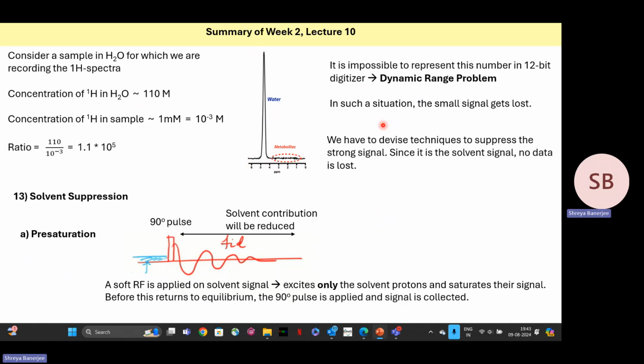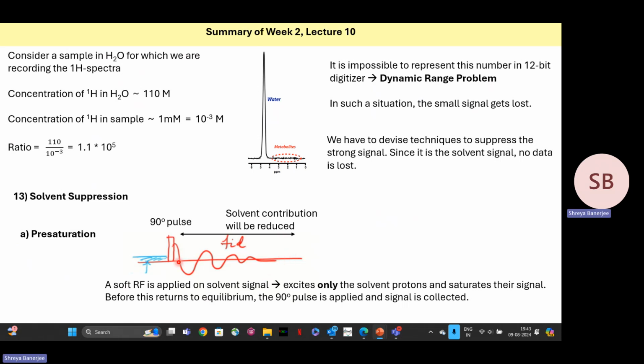This kind of problem is called a dynamic range problem, where your small signal is getting lost. You can only see the signal of the water or solvent. So the way to overcome this is called solvent suppression. Basically, in the NMR experiment you apply a 90-degree pulse, you get an FID and you record the FID.